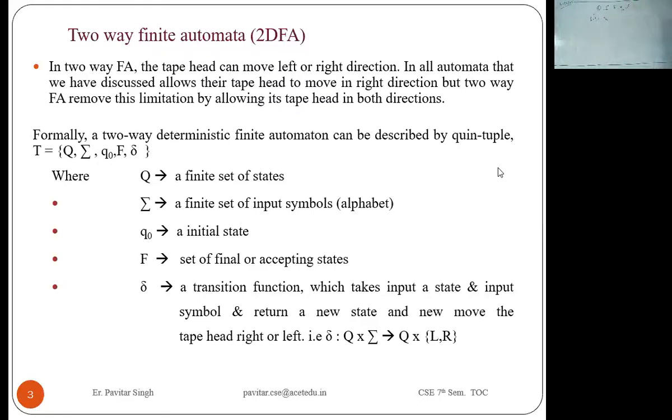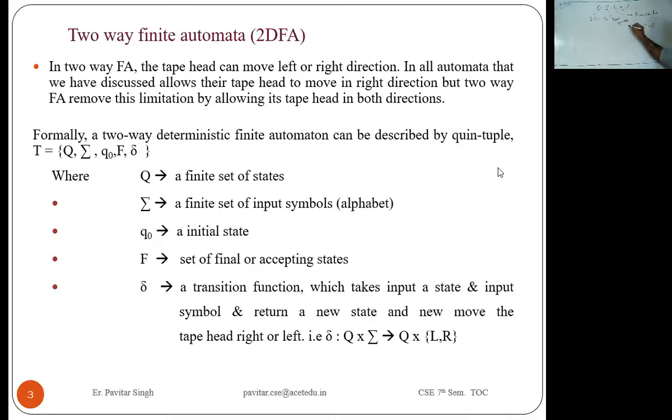And sigma is a finite non-empty set of input symbols, or you can say alphabets. Delta is a transition function which maps Q into sigma goes to Q.